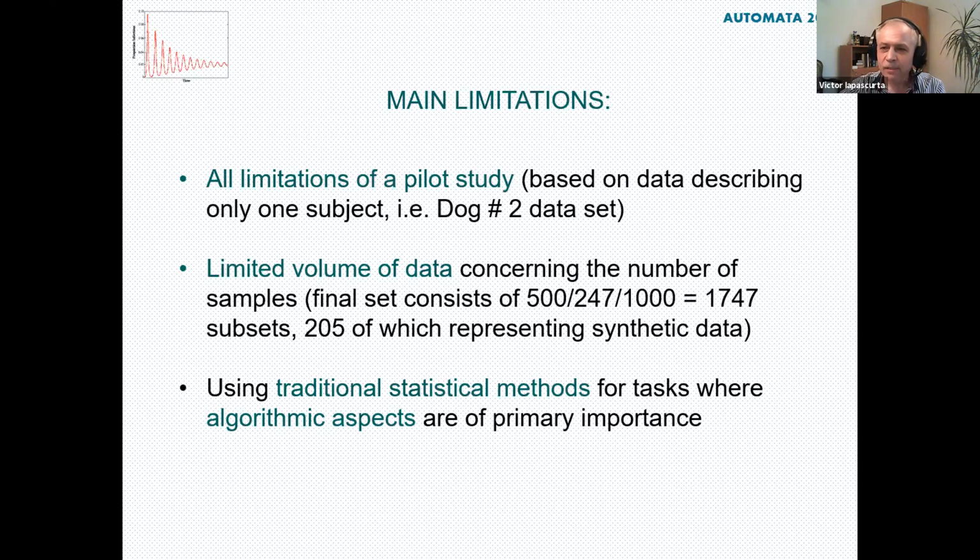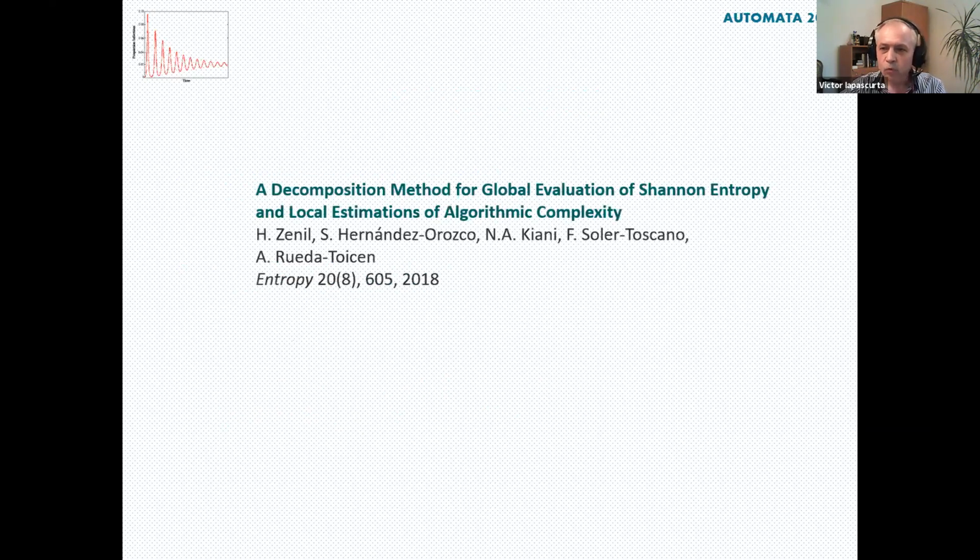This issue is quite interesting and probably deserves a much longer presentation. I will refer only to one paper where it is described, but there are a number of such papers.